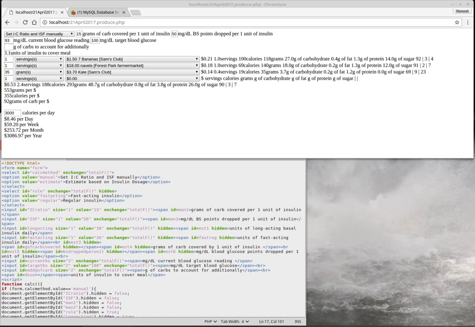It's a standard formula that's based on the 1500 or 1800 rule. It's called insulin to carb ratio and insulin sensitivity factor. It's a common formula, you can Google it.